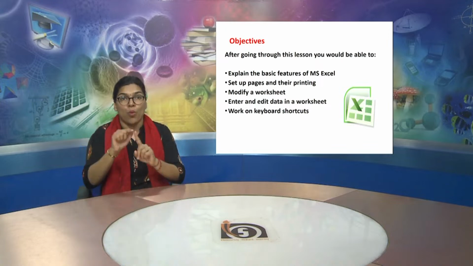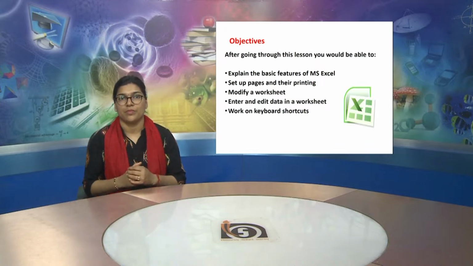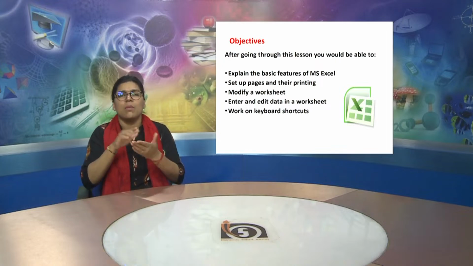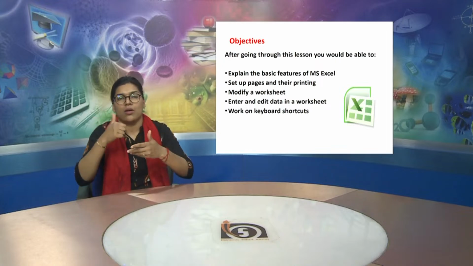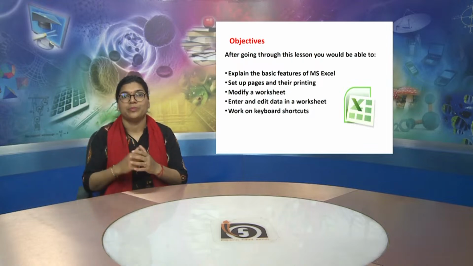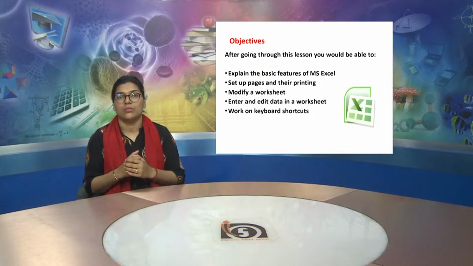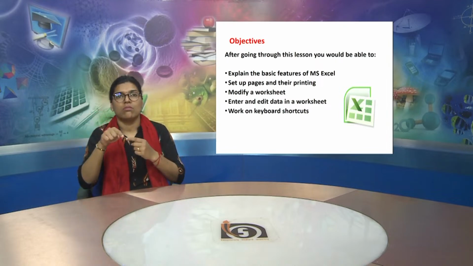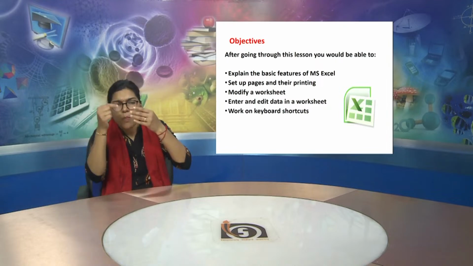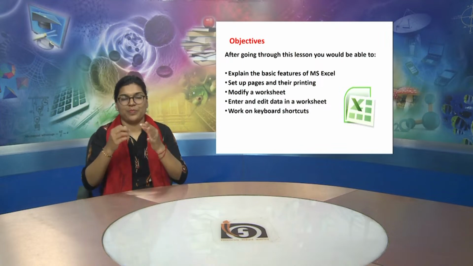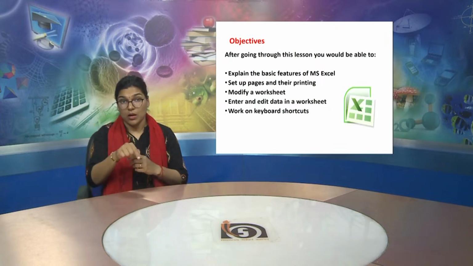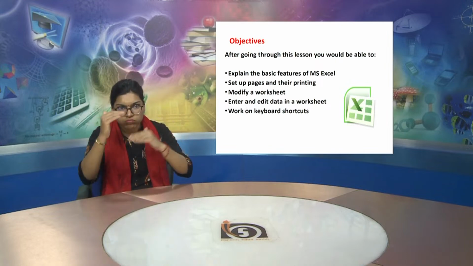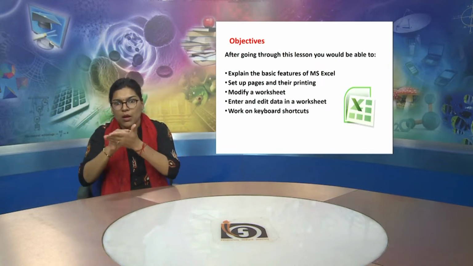So now we will begin our chapter. These are the objectives of lesson 6. After going through the lesson, you will be able to explain the basic features of MS Excel. Also, you will be able to set up pages and their printing.